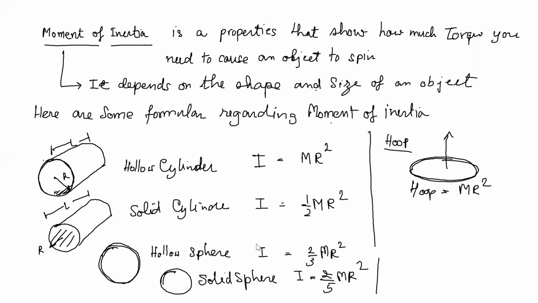The moment of inertia of the football is 2/3 mR squared. But if you have a solid sphere, like a wrecking ball, something round in shape but completely filled, it has a moment of inertia of 2/5 mR squared. And a hoop, which is one form of a hollow cylinder, also has a moment of inertia of mR squared.